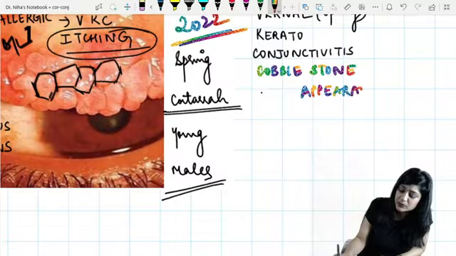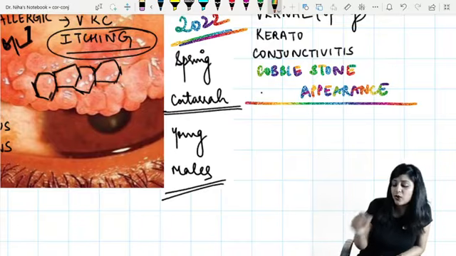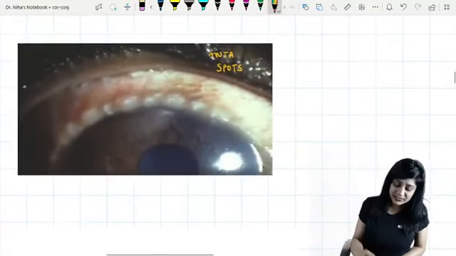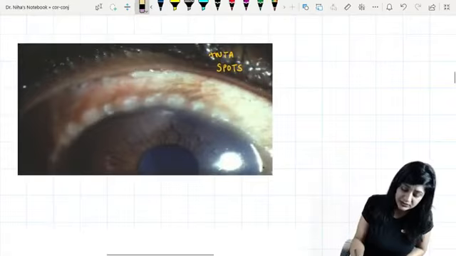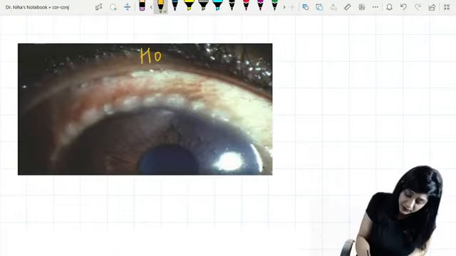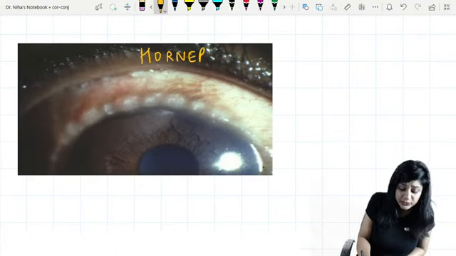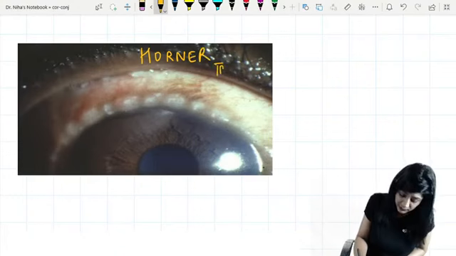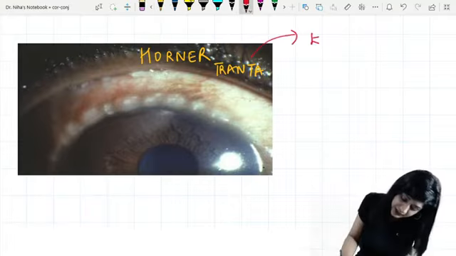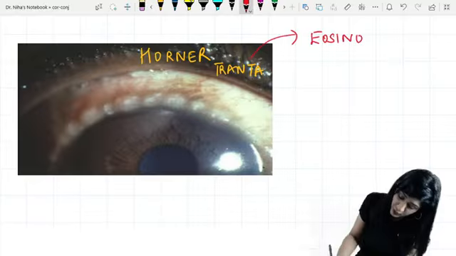Along with this, a very, very important thing is the Horner-Trantas spots. These are also called just Trantas spots, or Horner-Trantas spots, and basically they consist of eosinophils.